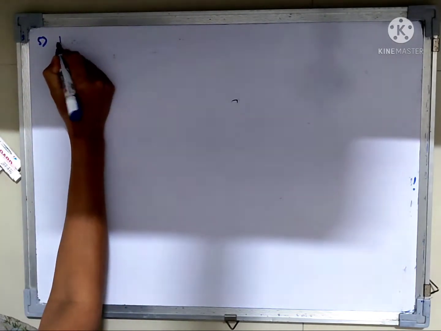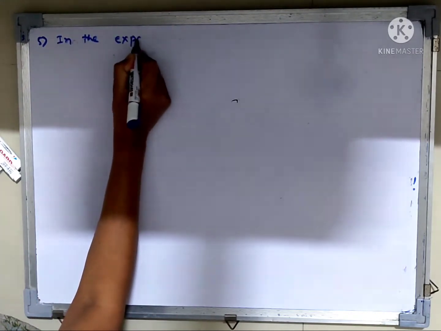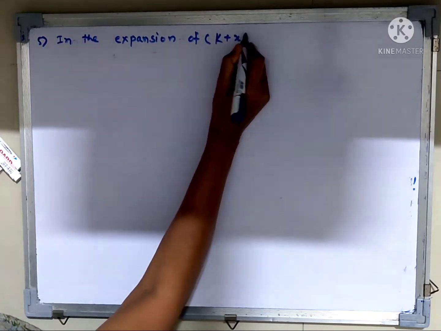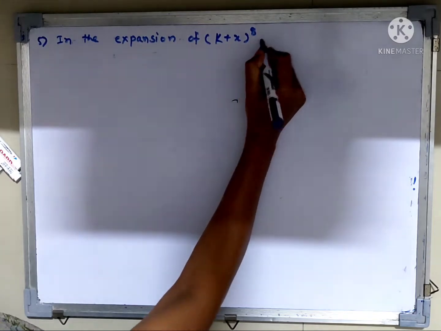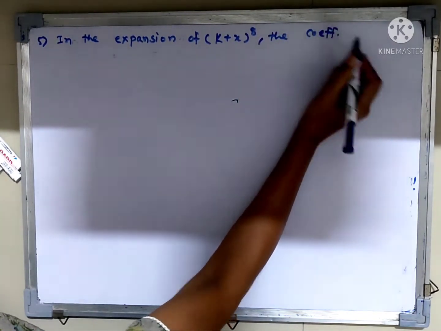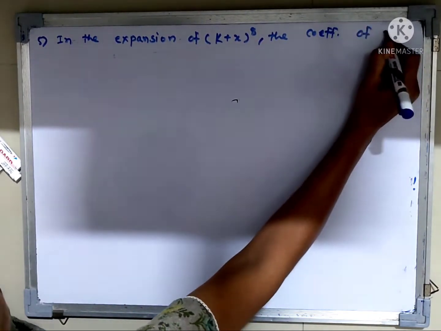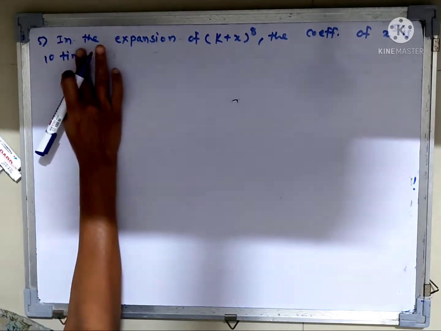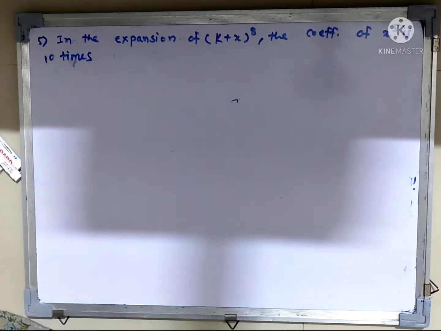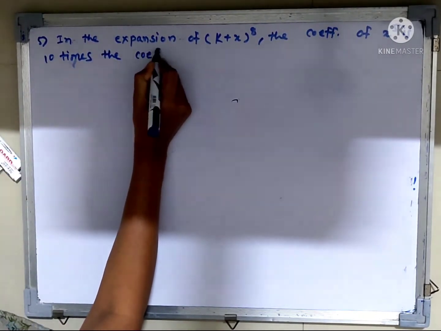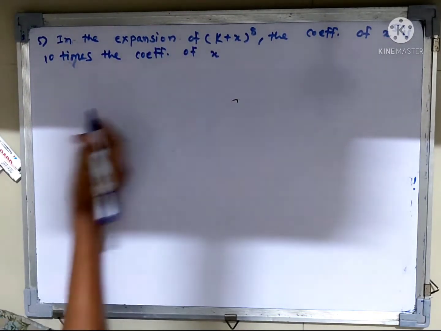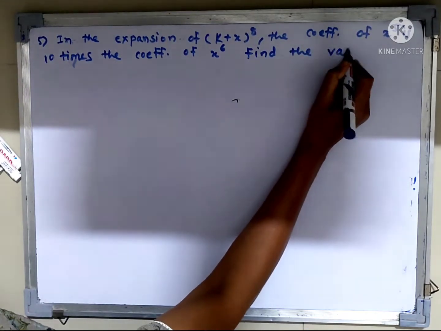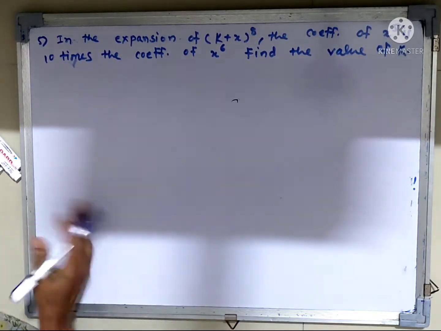In the expansion of (k plus x) raised to 8, the coefficient of x raised to 5 is 10 times the coefficient of x raised to 6. Find the value of k. We have to find out the value of k.